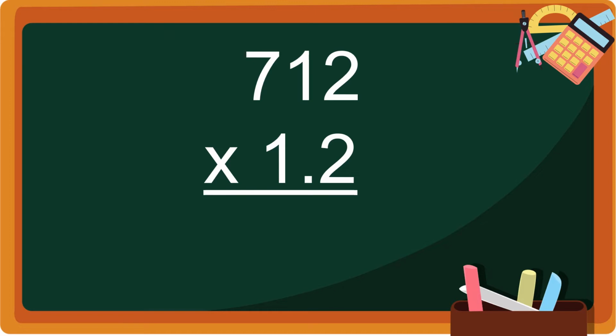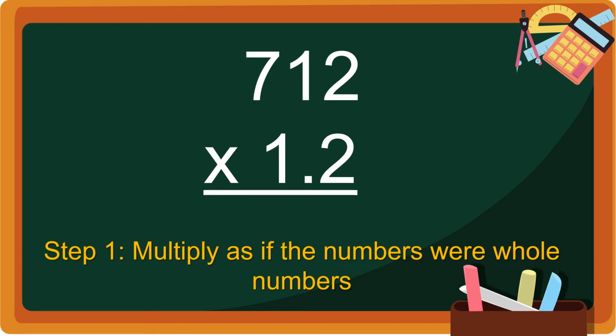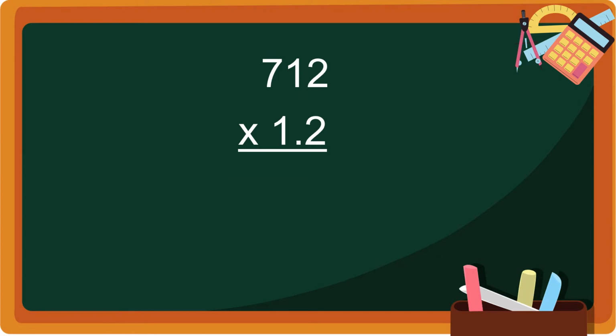Let us have the multiplication of a whole number by a decimal number. Multiply 712 and 1 and 2 tenths. Step 1. Multiply as if the numbers were whole numbers. Let us multiply 712 and 1.2. So we have 2 times 2 is 4. 2 times 1 is 2.